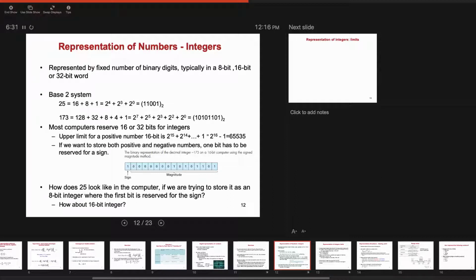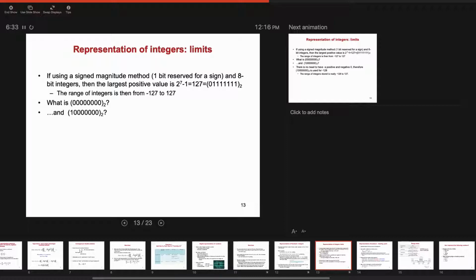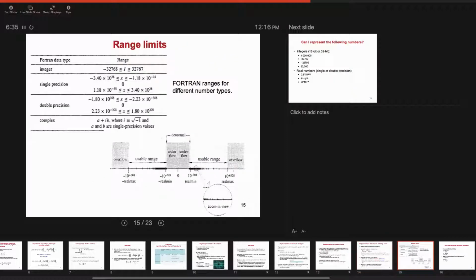Okay? So basically that's the range here that is stated over here. So if I can have those numbers as negative, then they go from minus 32,768 to plus that. Okay?